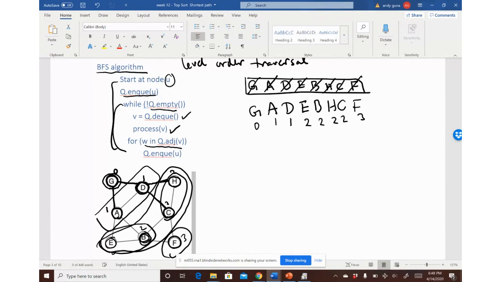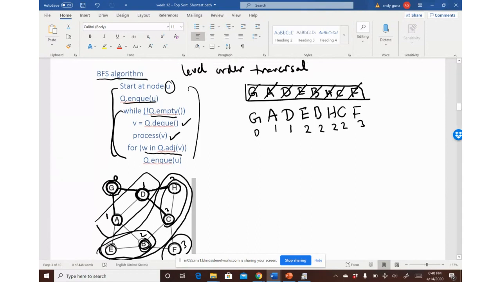So the BFS, this simple algorithm, gives you the correct order of traversal. How you traverse nodes within a single level is determined by the order in the adjacency list. Okay, that's how you will do.